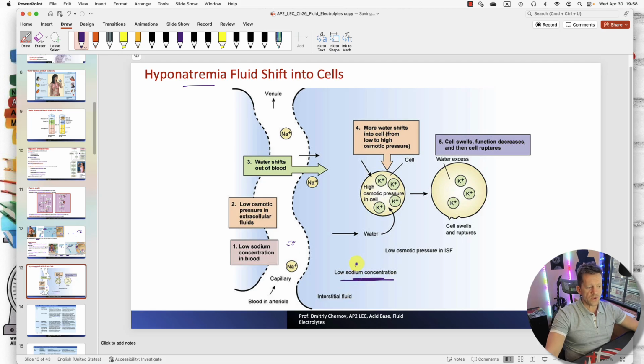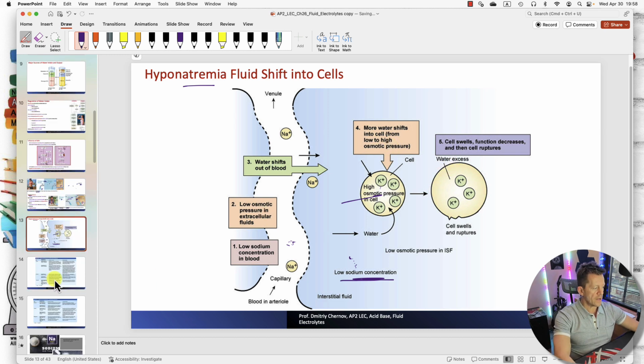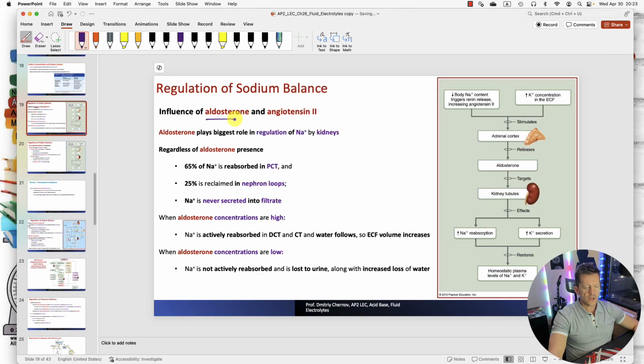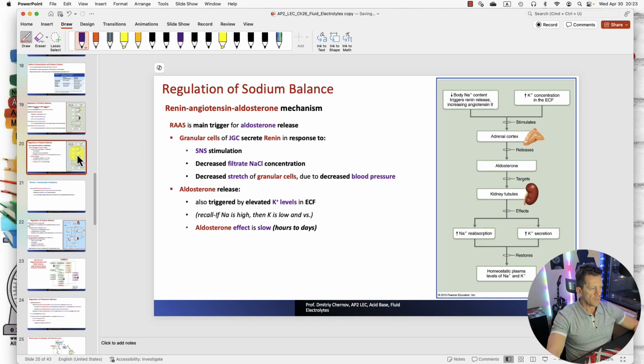So if there's a low sodium concentration outside, the water by osmosis will move inside, and that can lead to a shift of other electrolytes. So we already discussed aldosterone and angiotensin. Please review this. We already discussed the RAS system. Please review this.